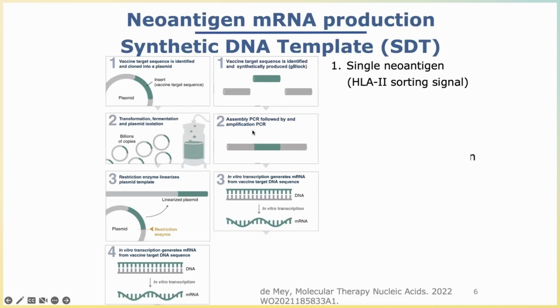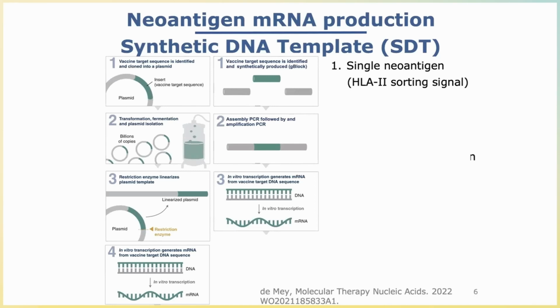Once this assembly PCR is done, we amplify the DNA molecule that is generated as such using a PCR again, so that we have sufficient amounts of material to then afterwards perform the in vitro transcription.